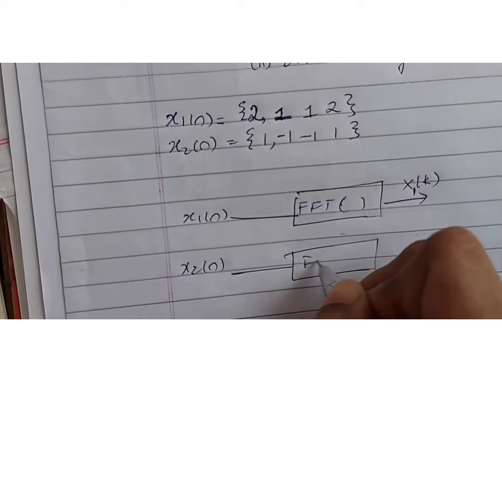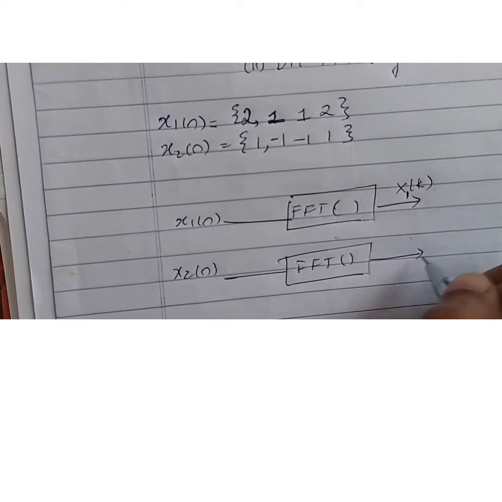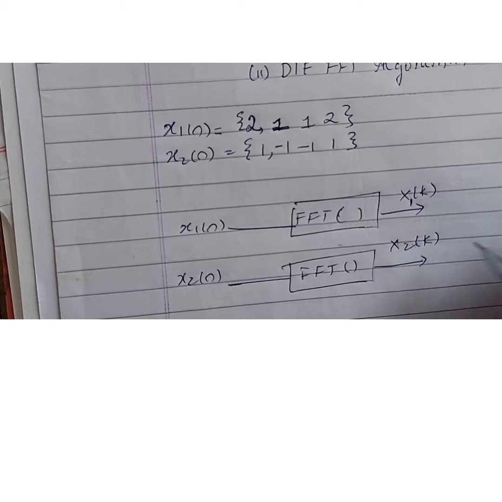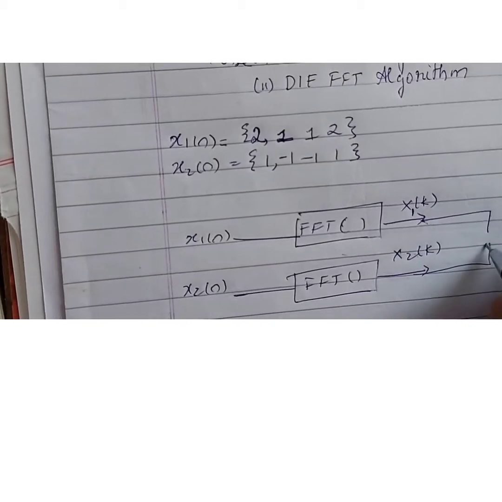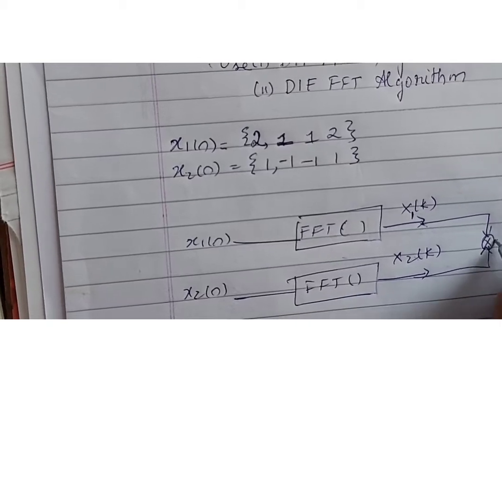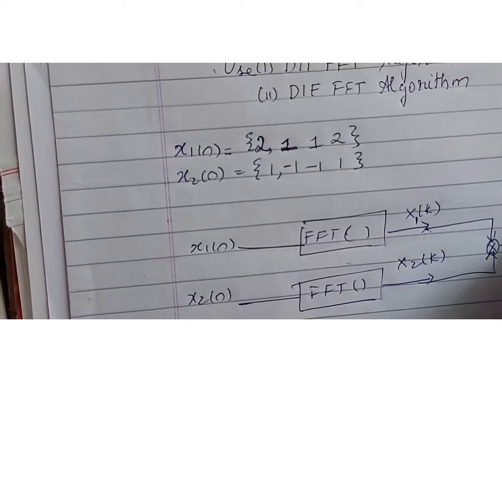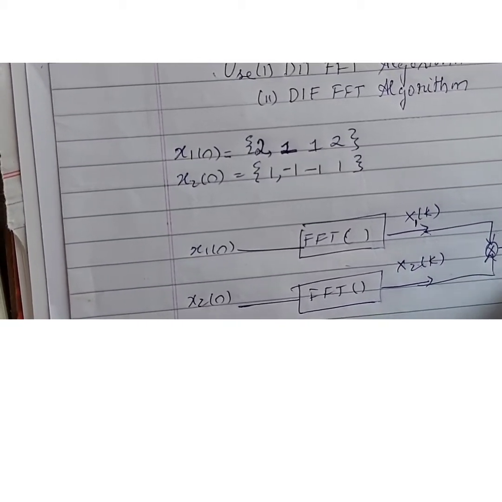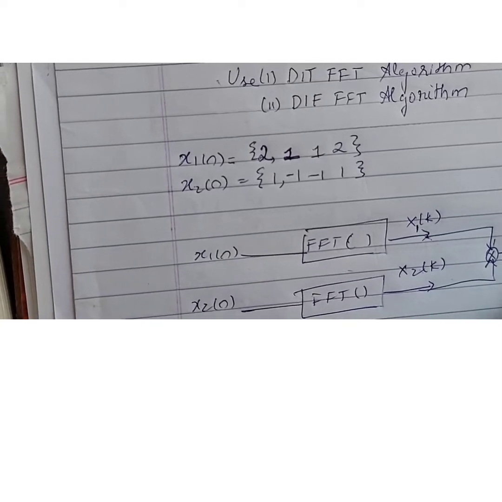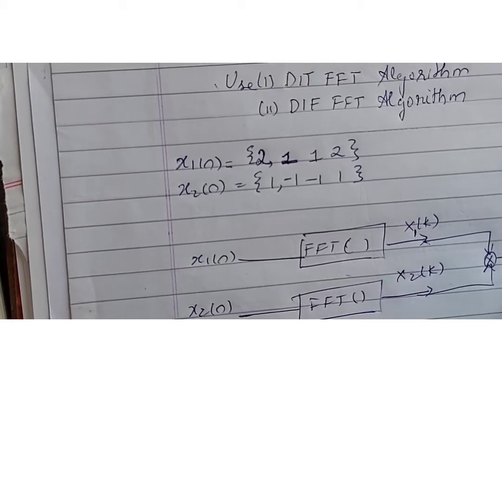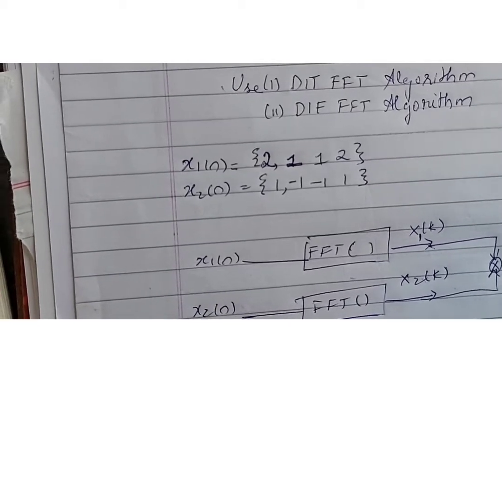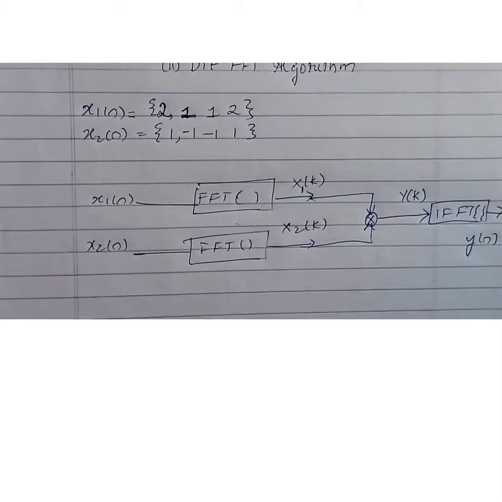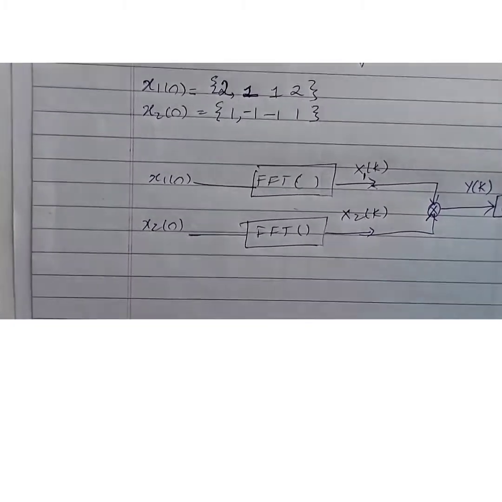Find the FFT of the other, you get your x2 of k. Then you have to multiply both to get your y of k, and you perform your IFFT to get the sequence y of n. Alright, this is what we are going to do.